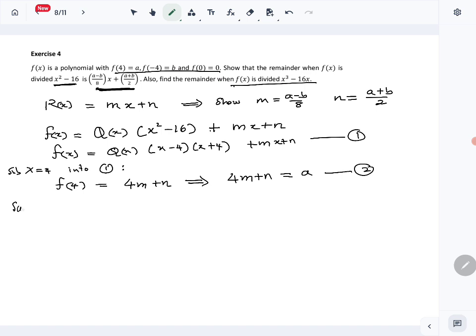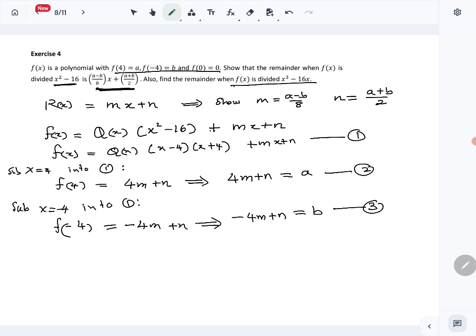Right. Similarly do x equals minus 4, because we know f of minus 4 is b. So what do you get? f of minus 4 equals, the first term becomes 0 because minus 4 plus 4 becomes 0. So you get minus 4m plus n equals b. That is the third equation, right?